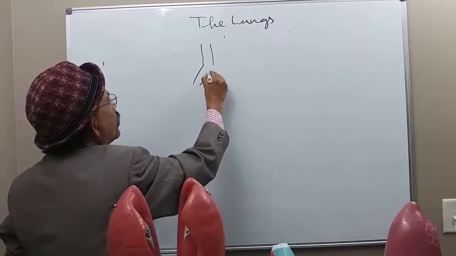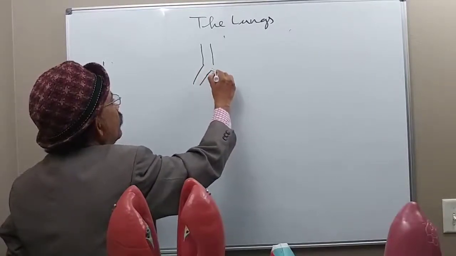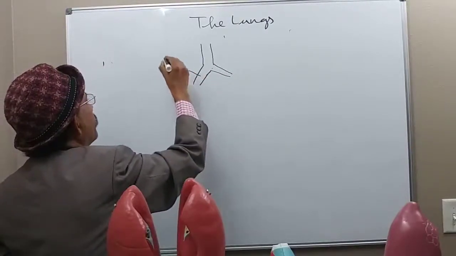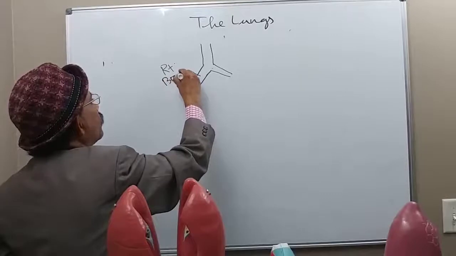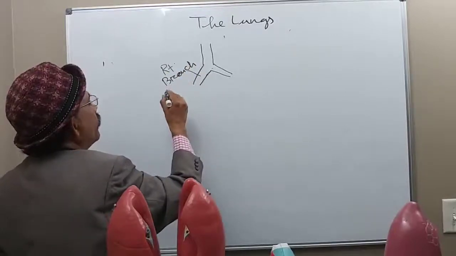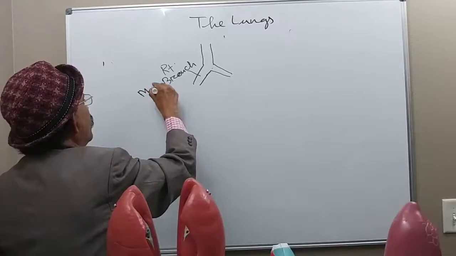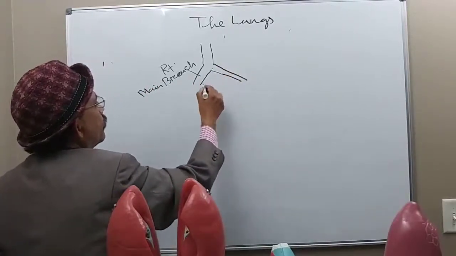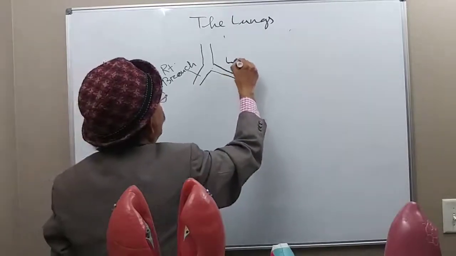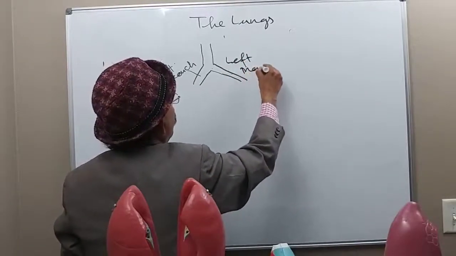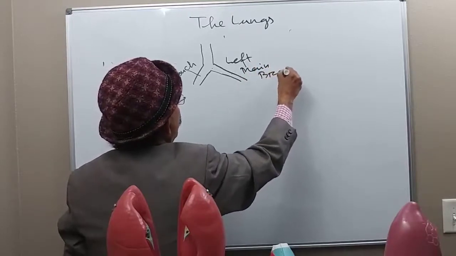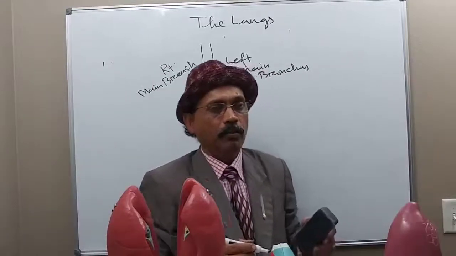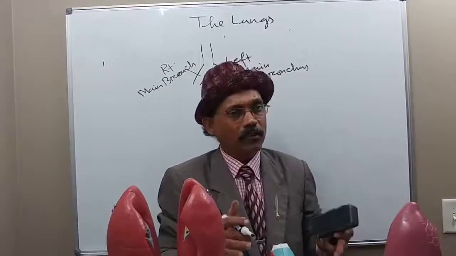Right bronchus is vertical, left bronchus is more horizontal. So this is the right main bronchus, or right principal bronchus. This is vertical and it is shorter. This is the left main bronchus. This is more or less horizontal, less vertical.